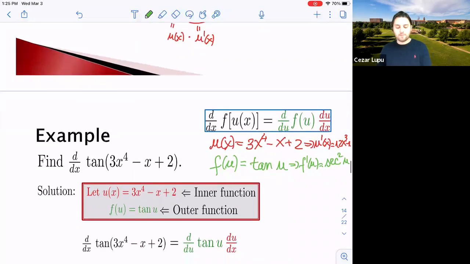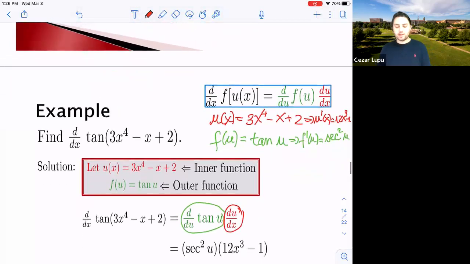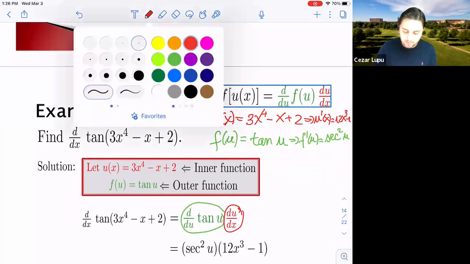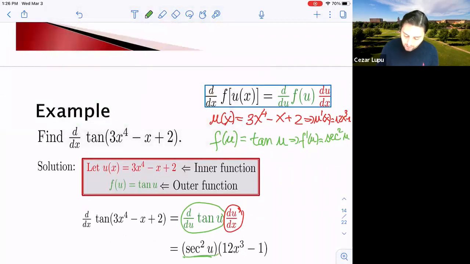All right, so let's see. Again here, as you can see, we have the derivative of the tangent, and also the derivative of u with respect to x. And here we go. As you can see, the secant comes out. Look at this guy here, that's this guy. And if you look at this guy here, is this guy.